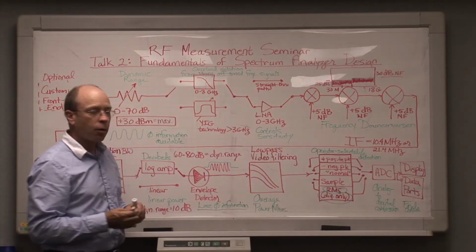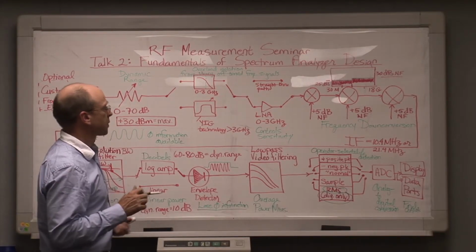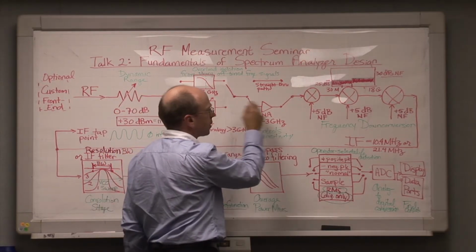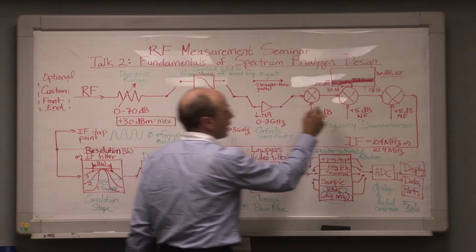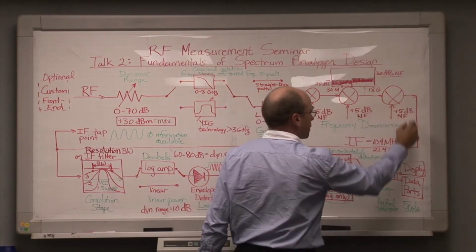Now, you may be asking, what if we do have a so-called digital spectrum analyzer? In a digital spectrum analyzer, the RF stage components are built basically the same as they are in an analog analyzer. The differences occur in a digital analyzer relative to an analog analyzer after we've gone through our mixing stages.